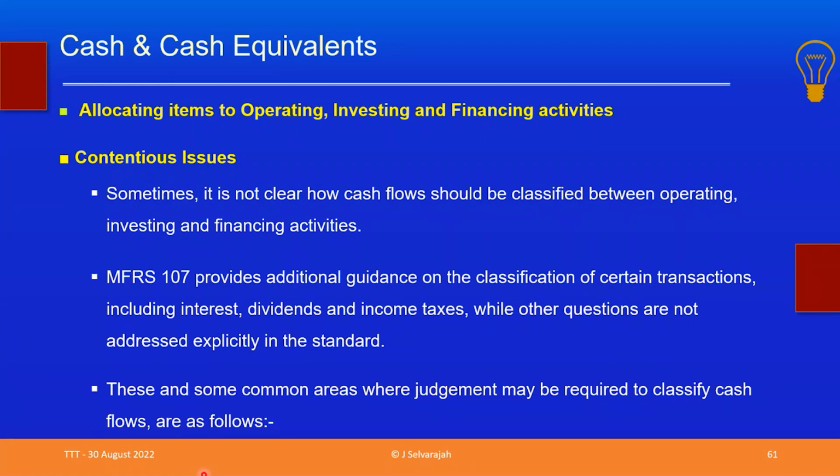All right, share application monies will have to be first approved by the board to be allotted as shares. So once it's approved and allotted as shares, then only it becomes equity. Before being approved by the board, it is not equity at all. All right, so it is definitely a financial liability.